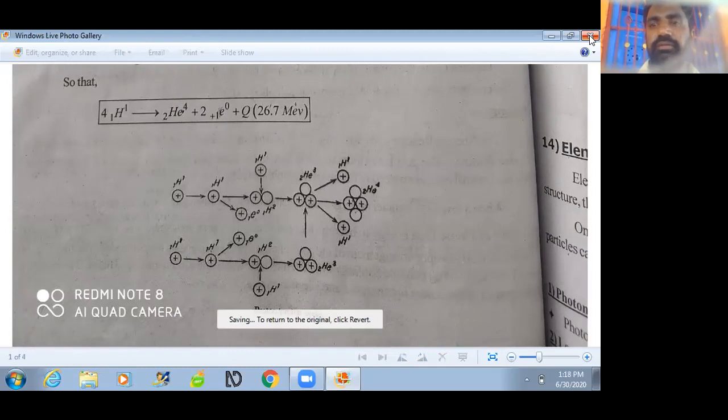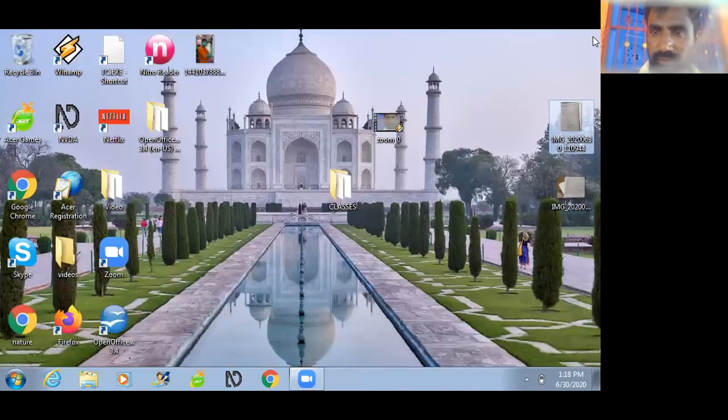Finally, we have a helium nucleus. So here we have a carbon and a nitrogen cycle.